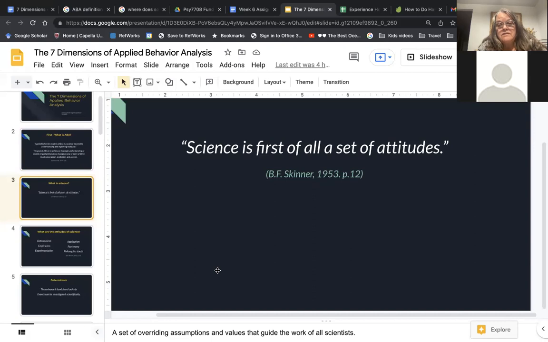Any type of science is governed by these basic assumptions and values that make their work scientific, as opposed to, for instance, fictional.